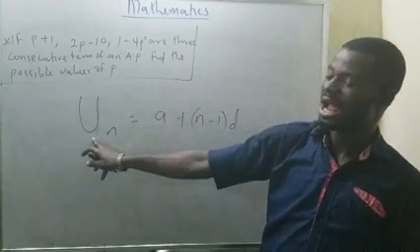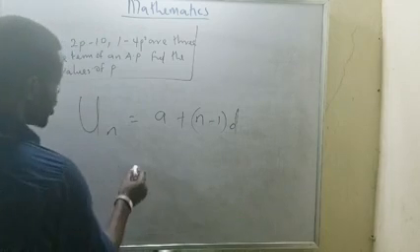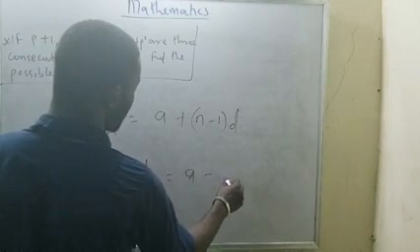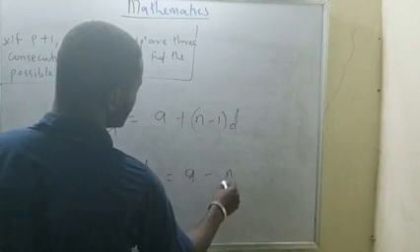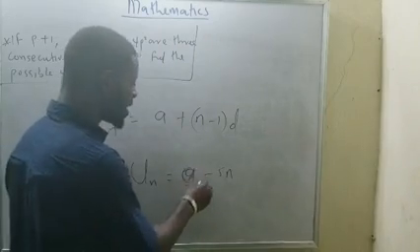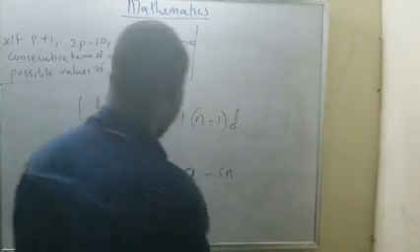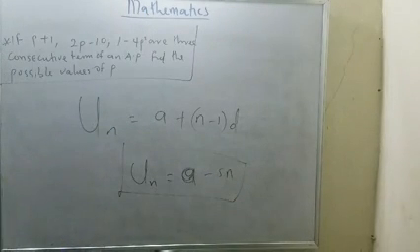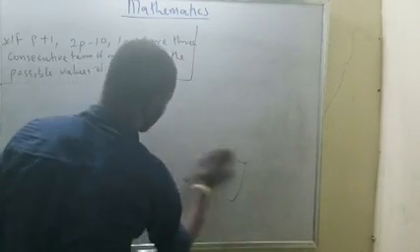It means the formula will come this way. At this point, I don't need to use any general formula. I will just use this particular formula, solve and get your answer. That is what I want you to know. Now, with this, you are good to go.